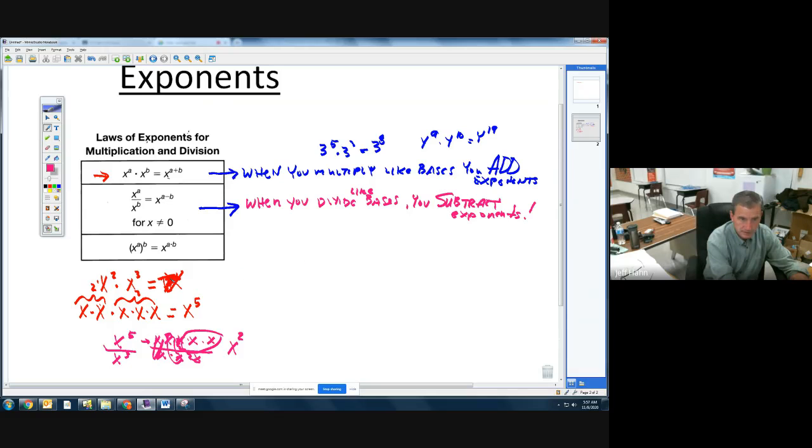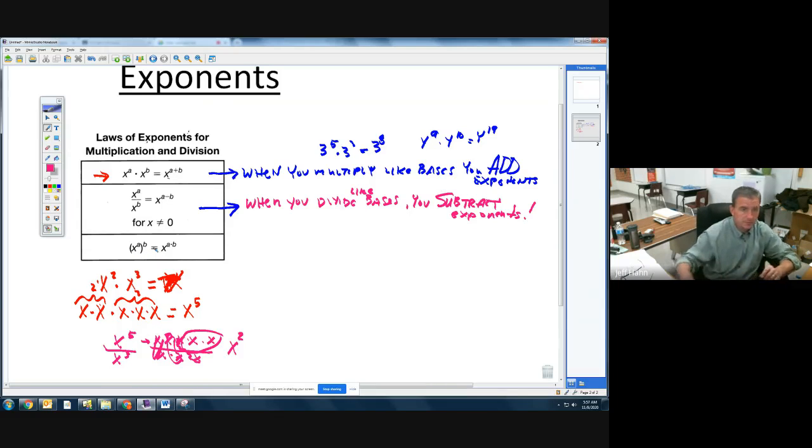That's why they have x to the a power over x to the b is x to the a minus b. x can't be 0 because you could never have a 0 on the bottom of a fraction, but you don't have to worry about that.